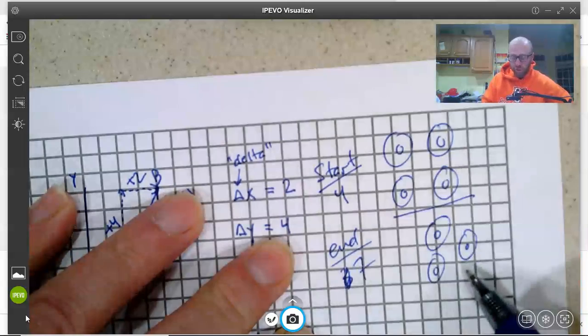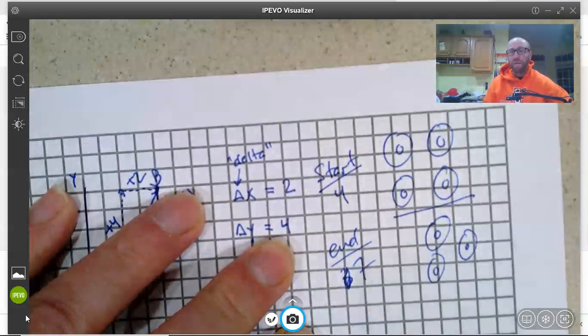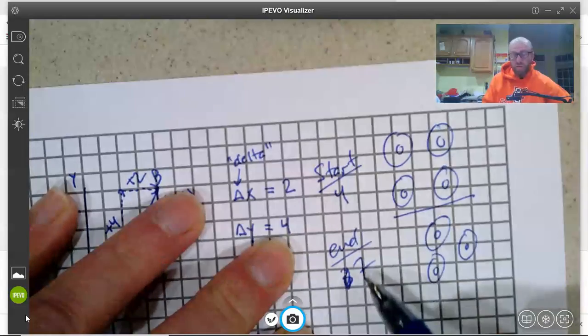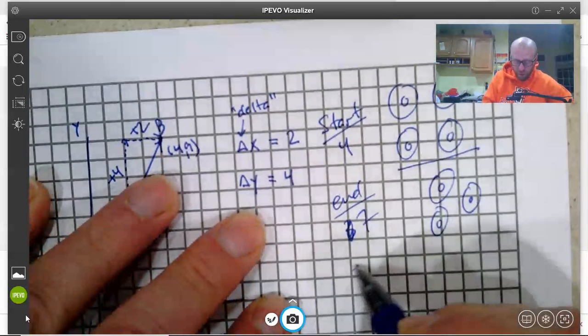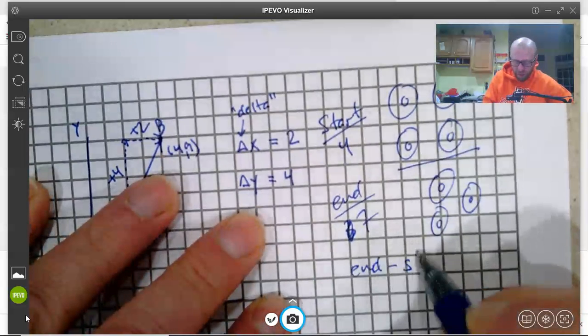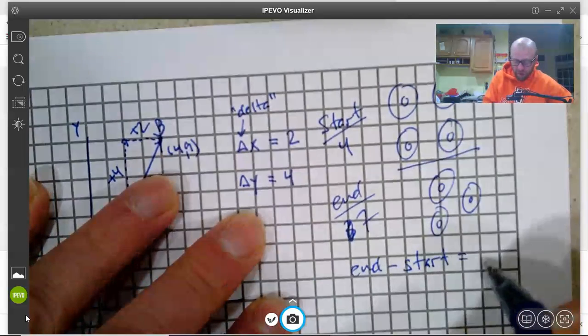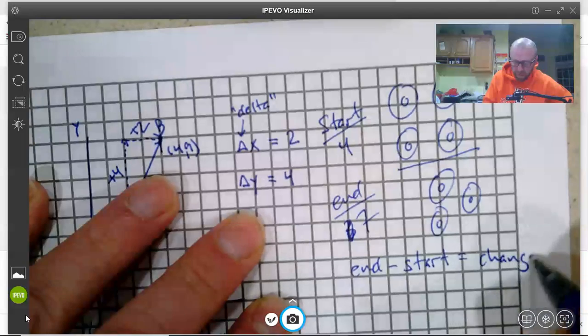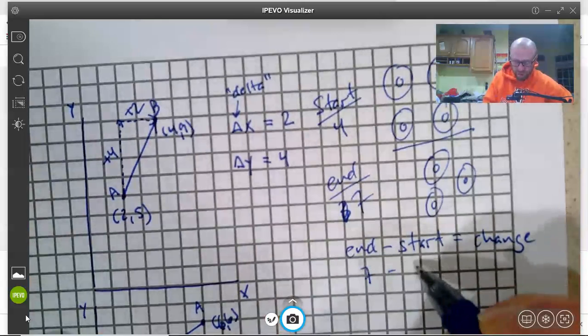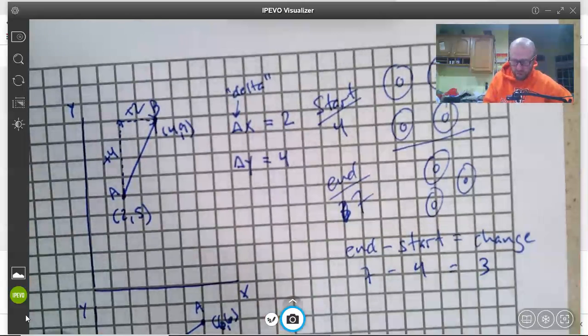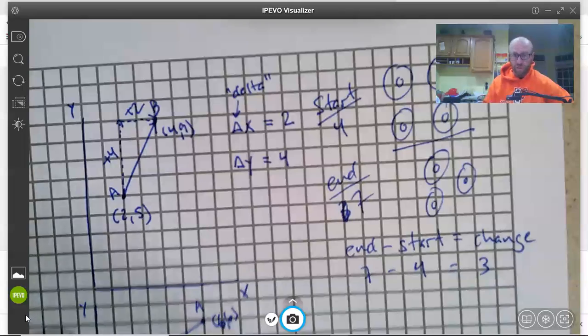I start with 4, I add 3 more, I end with 7. If I want to calculate the change, if I was just given that I started with 4 and I ended with 7, I would go end minus start equals change, or 7 minus 4 equals 3. End minus start equals change.